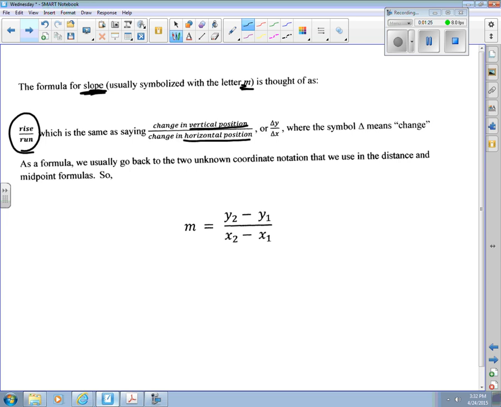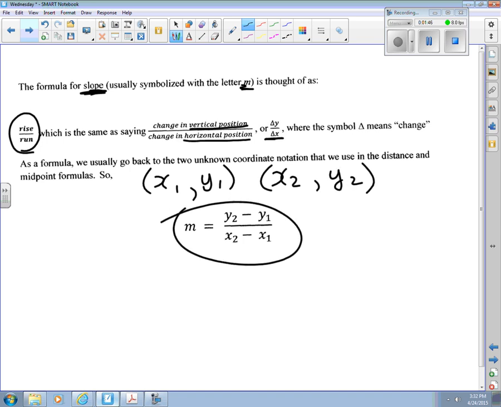We sometimes call that delta y over delta x, where the delta means the change in position. As a formula, we use the coordinate notation from the distance formula and the midpoint formula, calling the 2 points x1, y1 and x2, y2. So the slope formula is y2 minus y1 divided by x2 minus x1.